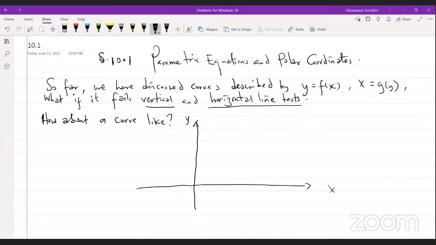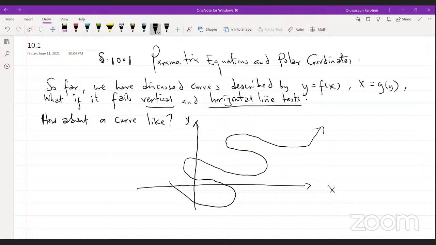Suppose I have a curve that looks like this. Let me extend this x-axis a little bit. What if I have this kind of curve?